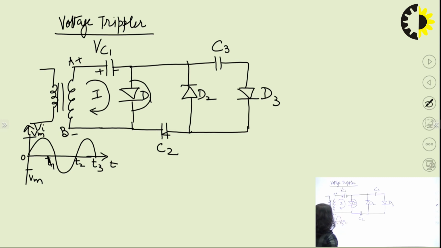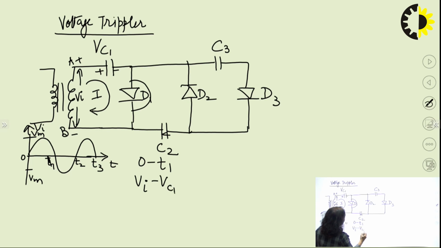So, in order to find out the value of Vc1, we have to write KVL in the first loop. So, this is your Vi. So, I can say during 0 to T1 time period, Vi minus Vc1 is equal to 0. So, Vc1 is equal to Vi, which is nothing but Vm, the maximum value.